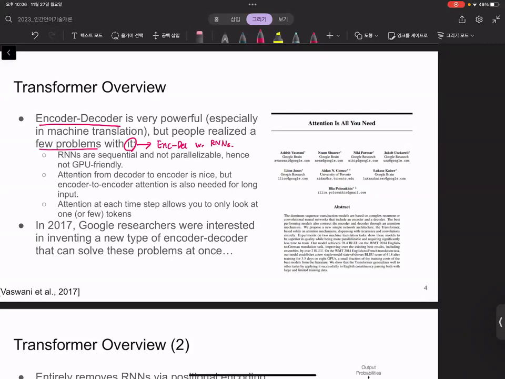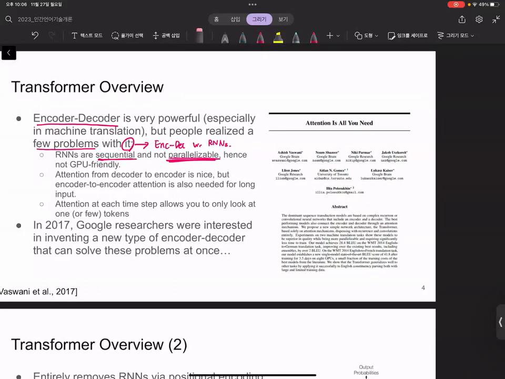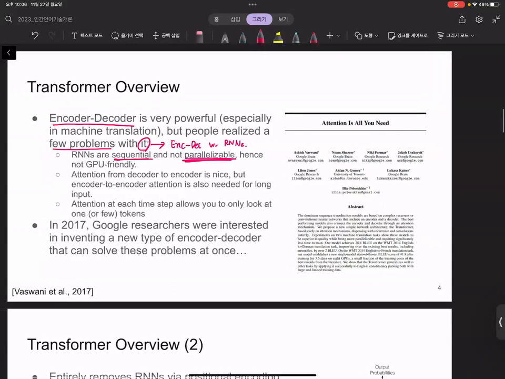The RNNs are sequential by definition and not parallelizable. We have to wait for the previous output to compute the current output. So that is sequential and cannot be parallelized. Hence, this is not GPU friendly.